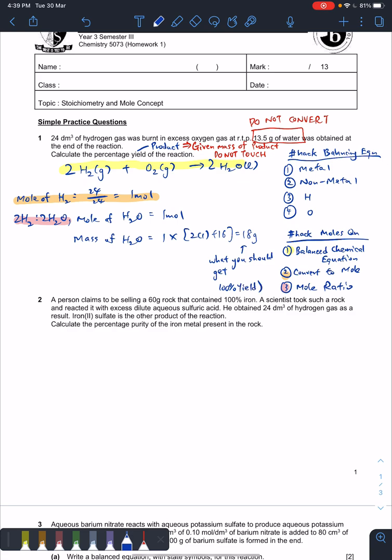By right, I'm supposed to have this much, but actually I only get 13.5. That's why percentage yield in this case is 13.5, which is what you actually get, over 18, which is what you should get, which gives you an answer of 75%.